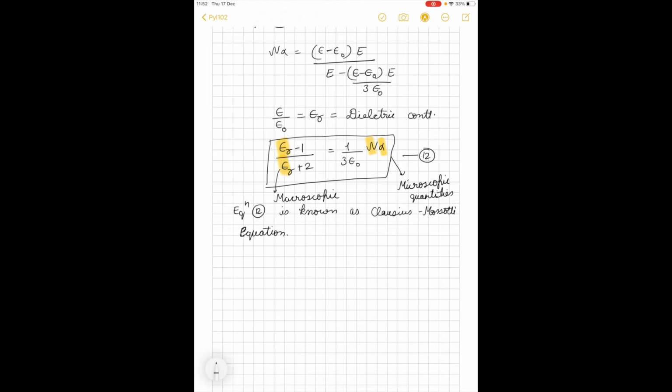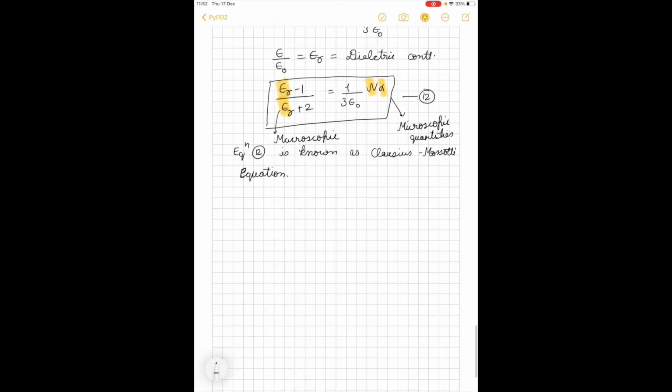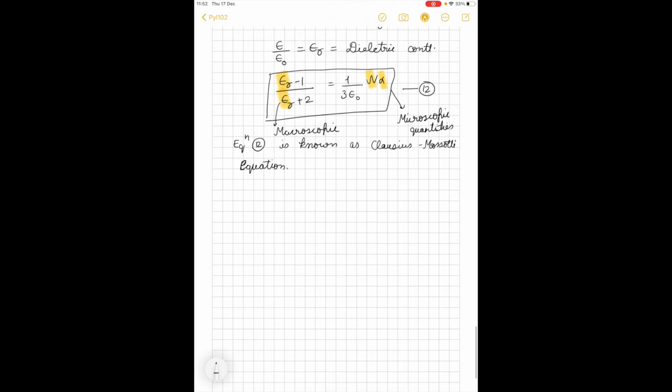All right, and also, as I said, this Clausius-Mossotti equation cannot be used for a polar material with permanent dipoles, because in deriving it we are not explicitly accounting for the extra factor coming from a permanent dipole.